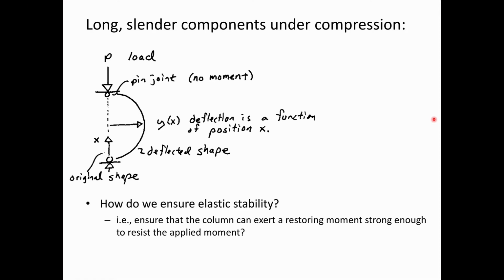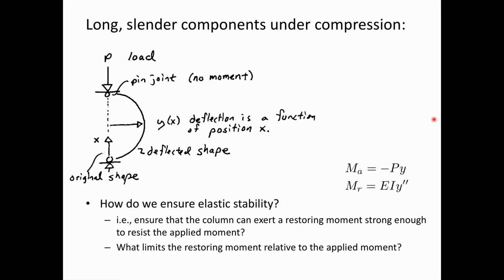We want to make sure this restoring moment is strong enough to resist the applied moment. So let's look at the models we have for the applied versus the restoring moment. And we can ask, what limits the restoring moment relative to the applied moment? With the applied moment, the things that come into play are the applied load and the deflection.